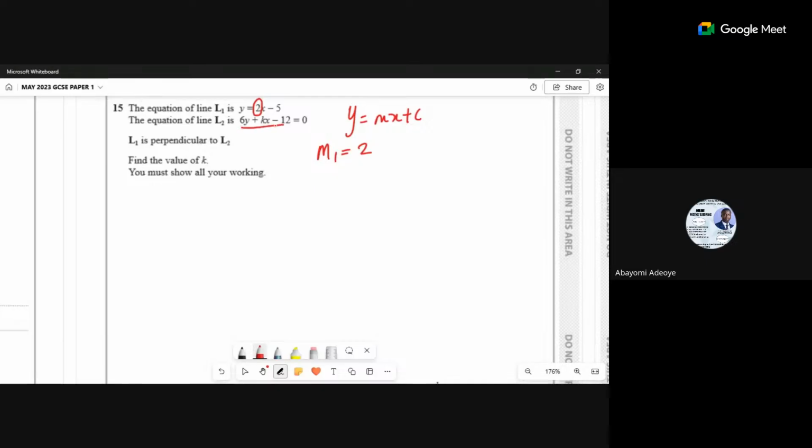So for M2, you make y the subject of formula. Can you make y the subject of formula here? Yeah, 1 second.